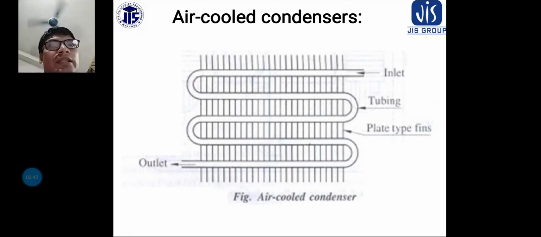So let us start now. In the last class we discussed the heat rejection factor, where we saw that the heat rejection at the condenser is QC, the condenser heat. QC is equal to the refrigeration effect plus W, that is the work. So it is 1 plus 1 by COP, that is the heat rejection factor, and it depends upon the COP of the refrigeration, that means it depends on the condenser and evaporator temperature.